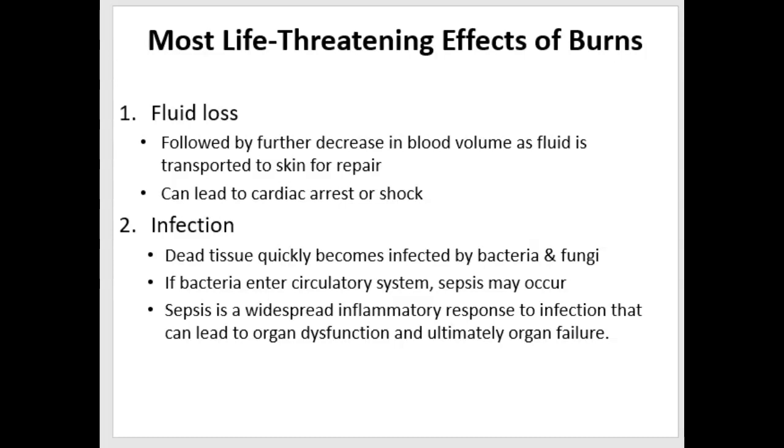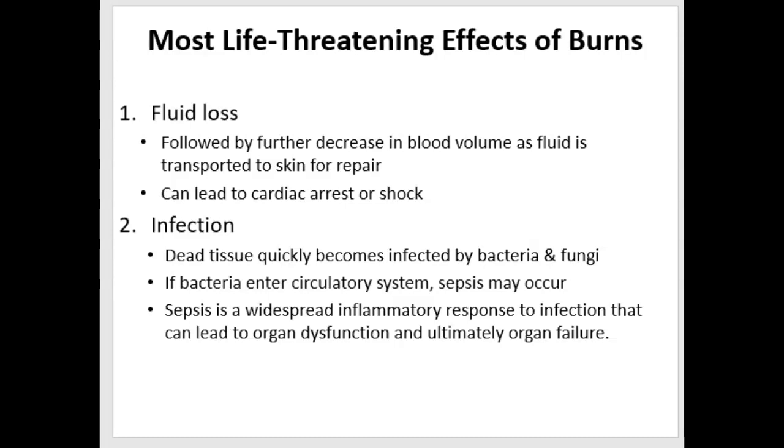The most life-threatening problem or effect of a burn would be fluid loss, initially. So first you've lost the barrier, and water evaporates, and you've damaged blood vessels. Now we're talking about severe burns here, but you've damaged blood vessels, so you'll probably have blood loss.